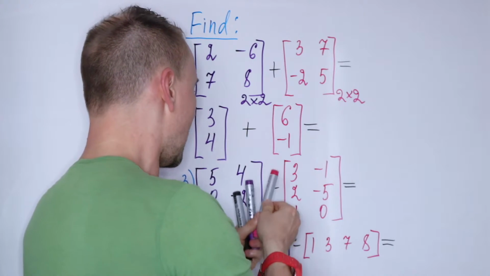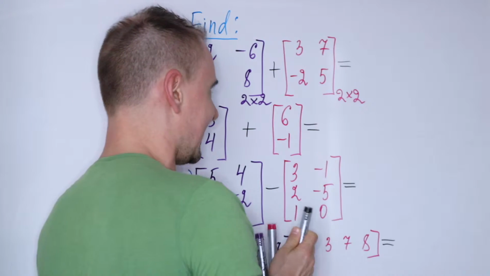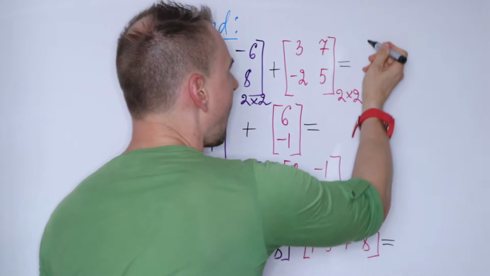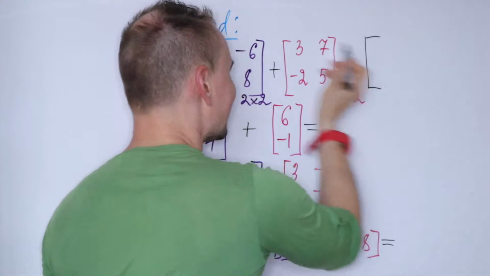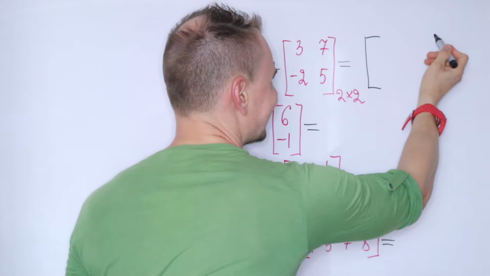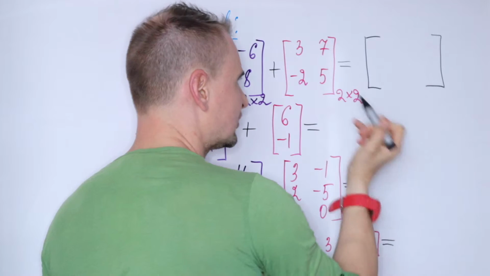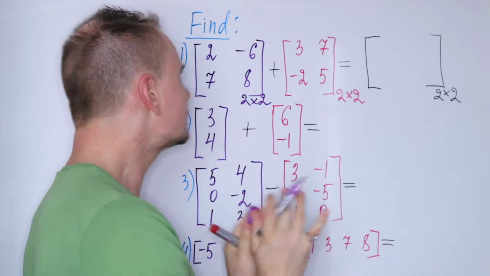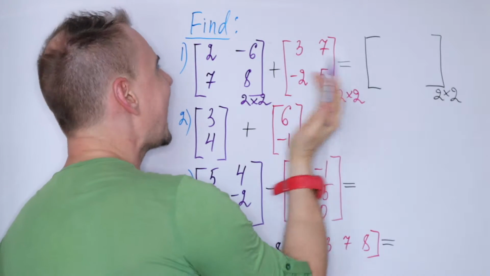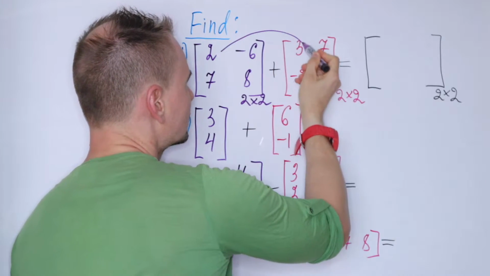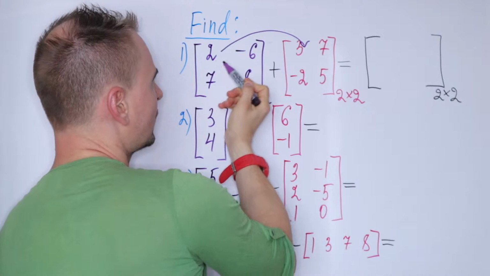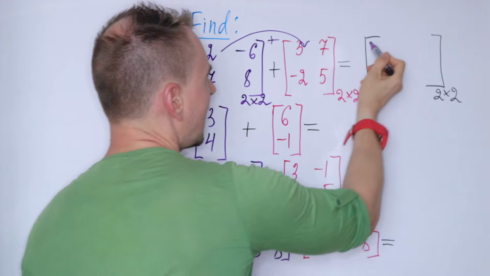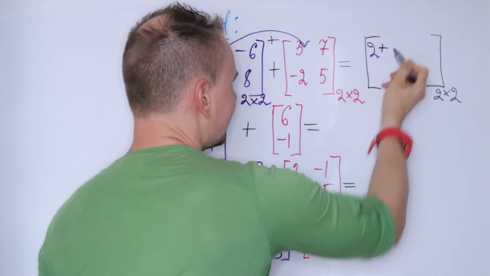So for the first one, your resulting matrix has the same size, the same order as these two given matrices. So it's 2 by 2. Now, all you do is just add the corresponding elements. So for the first row, you add these 2 and 3, and you place it over here.